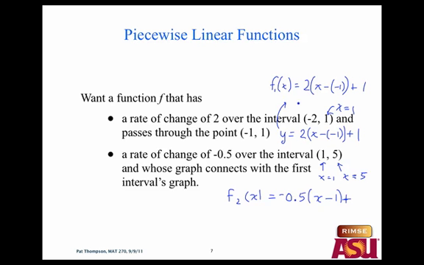So how do we represent that? How do we represent the y value of this function at x equals 1? We can use our function notation to do that, and it will just be what we would get if we plugged 1 into this function. So it'd be f1 of 1.